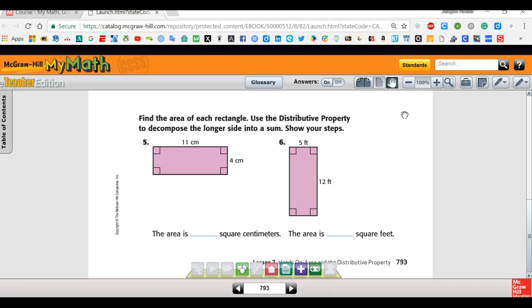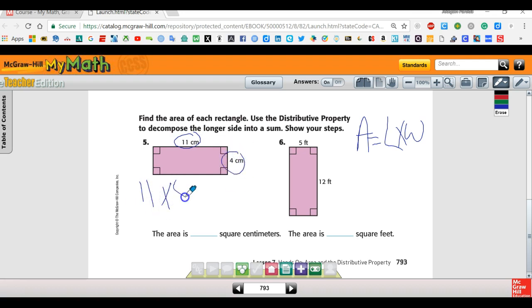So go and do 5 and 6 for me, please. And then just so you know, area equals length times width. Okay. So it says area length times width, right? This is the length right here. Okay, that's 11 times the width, which is right here, which is 4.